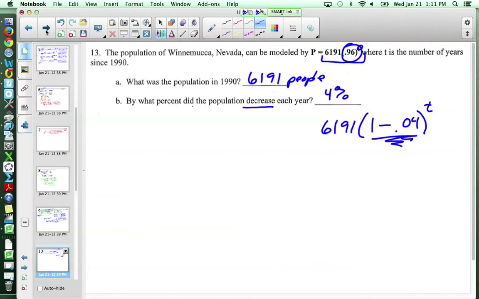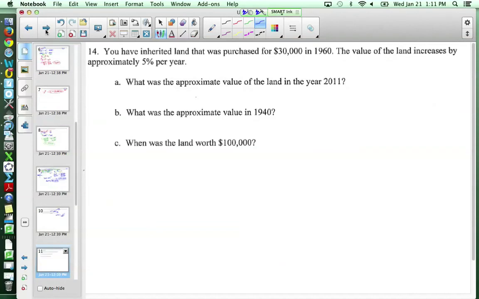All right, last one of these word problems. So you got land that was bought for $30,000 in 1960, and the value grows at 5% every year. What's the value of the land in the year 2011? So to go from 1960 to 2011, we're looking at a time value of 51 years.